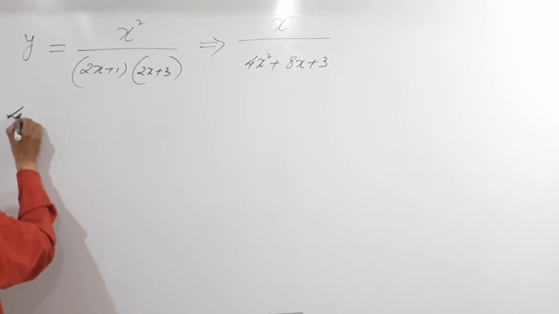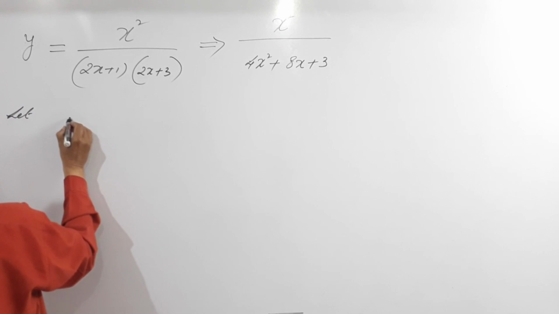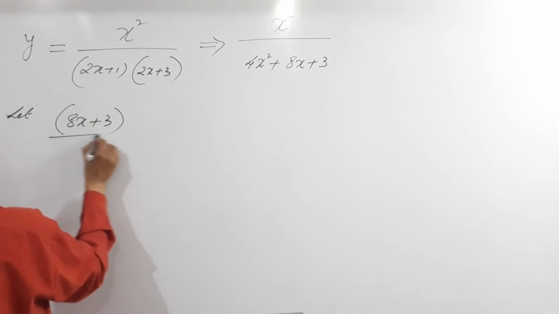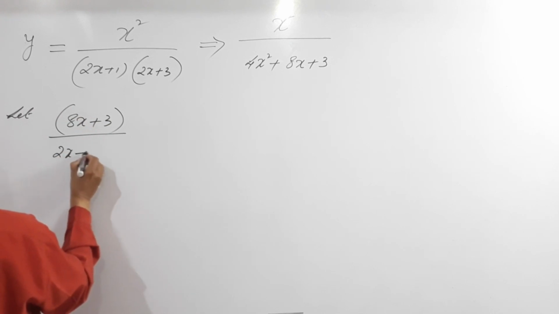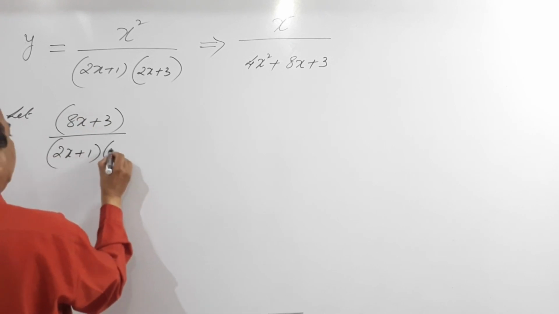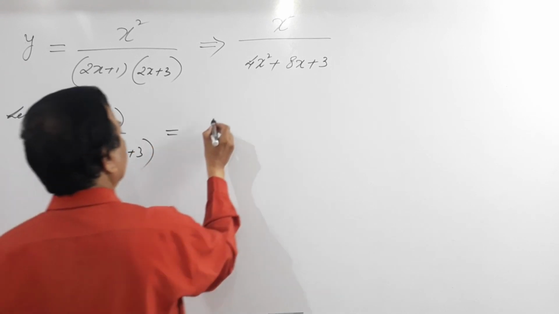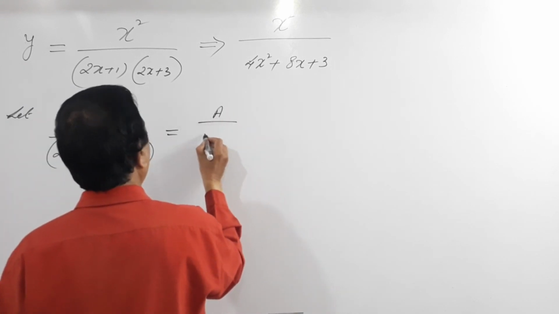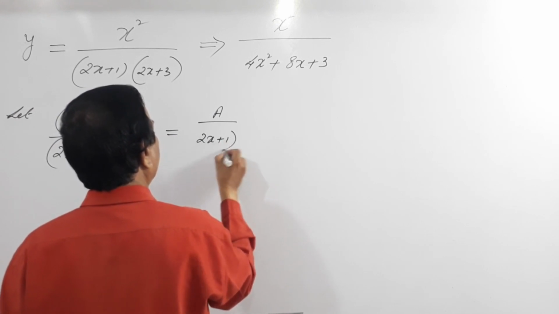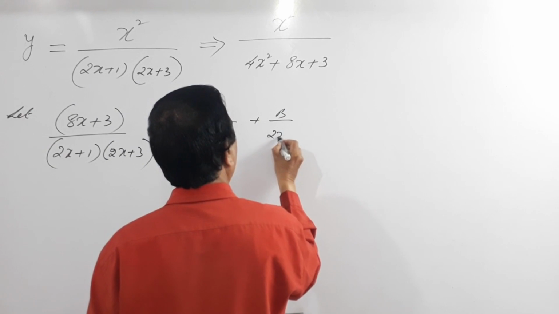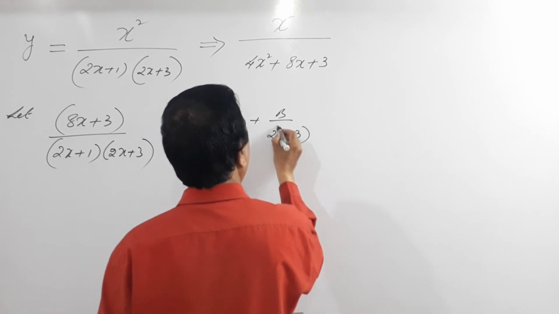If you remember, let (8x plus 3) by (2x plus 1) into (2x plus 3) equals a by (2x plus 1) plus b by (2x plus 3).